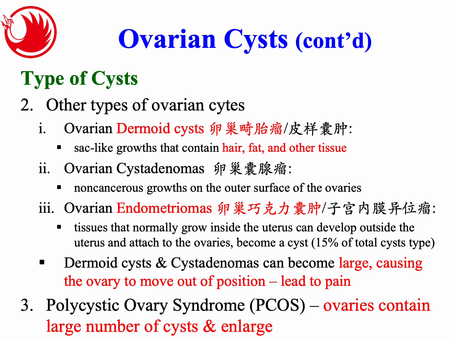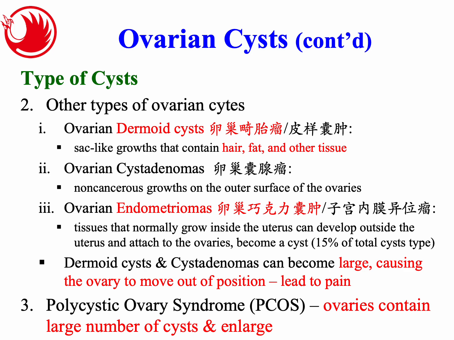Because these dermoid cysts come from germ cells, which eventually become an egg or sperm cell. Germ cells can develop into tissue, organs, and body systems during fetal development, the early stage of a baby's development. They can grow large, causing the ovary to move out of position and lead to pain.